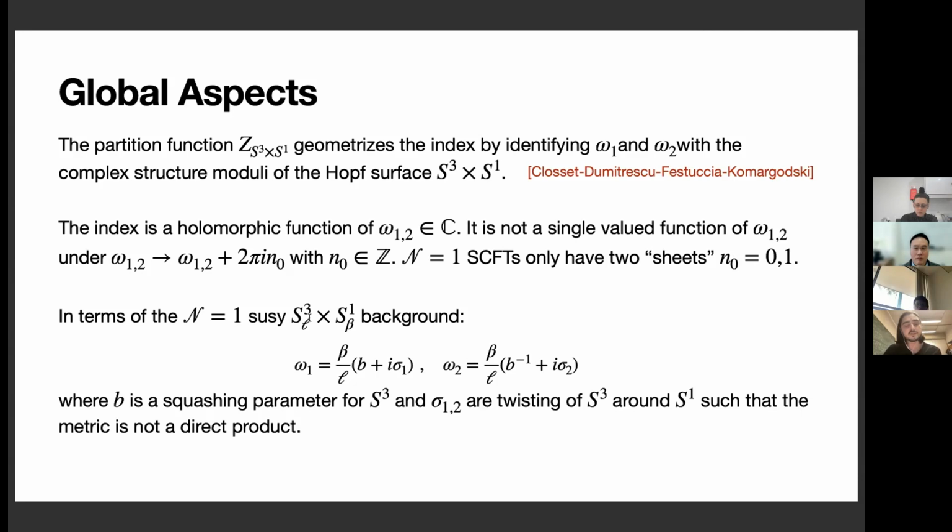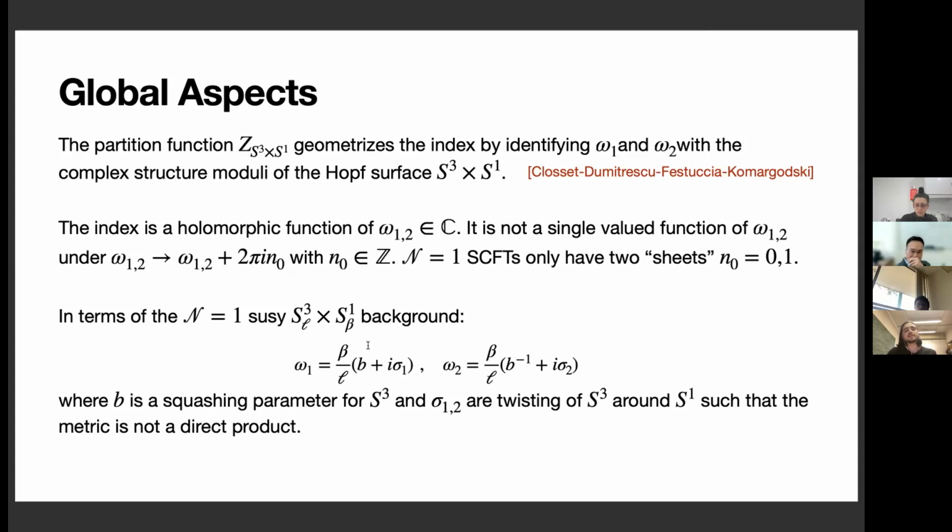That means the following: the SUSY background that we are studying on this S3 times S1 background has fugacities identified with the following data, which are b, the squashing parameter for the metric on S3, and sigma 1 and sigma 2, which are twisting of the three-sphere around S1.